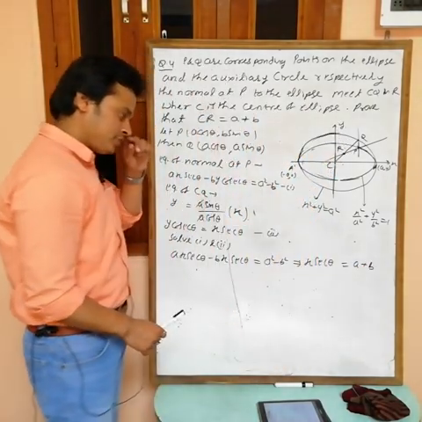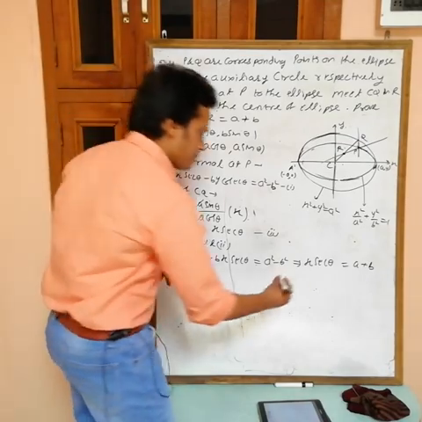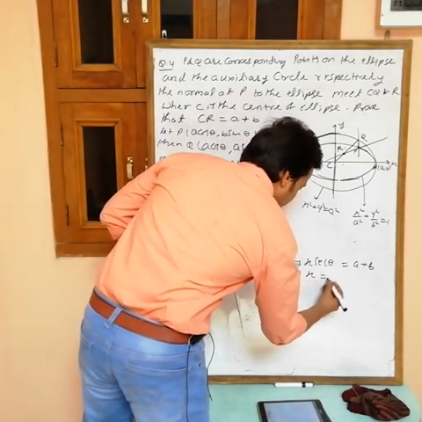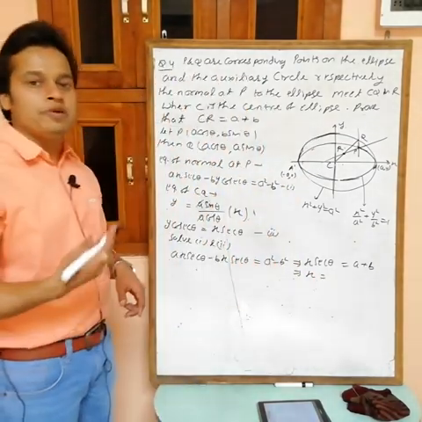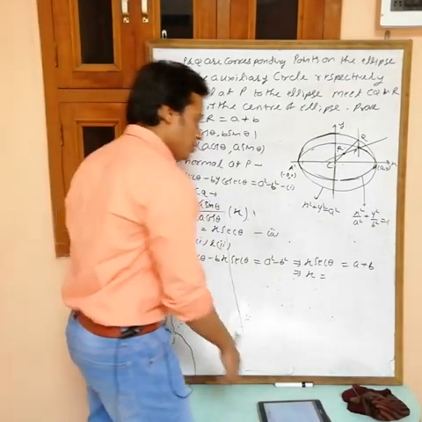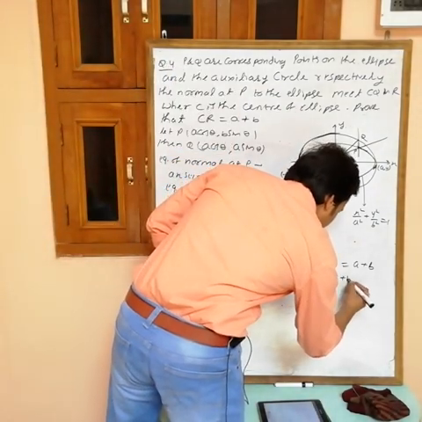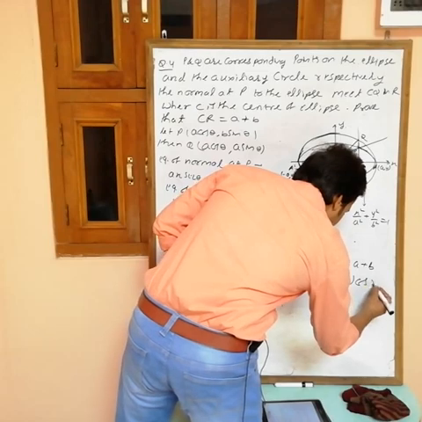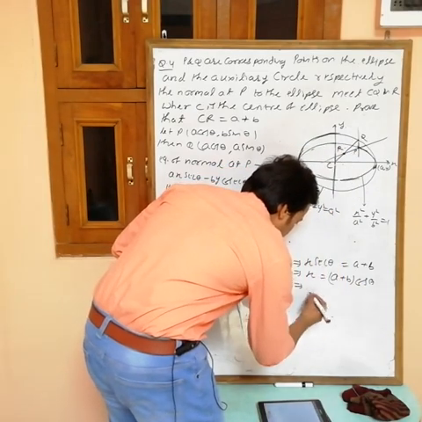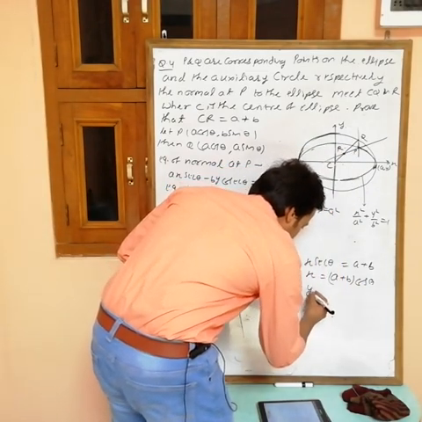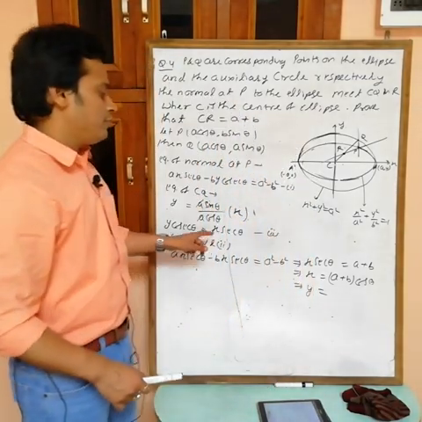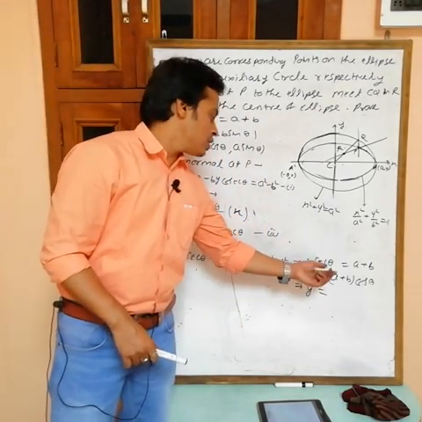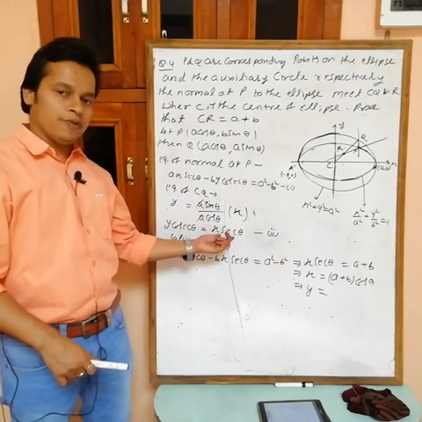Now you want the value of x. Divide with sec theta: a plus b by sec theta. Sec theta in the denominator becomes cos in the numerator: x equals a plus b cos theta. Similarly, if you put the value of x in this one, you will get the value of y. Or just put x sec theta equals a plus b.